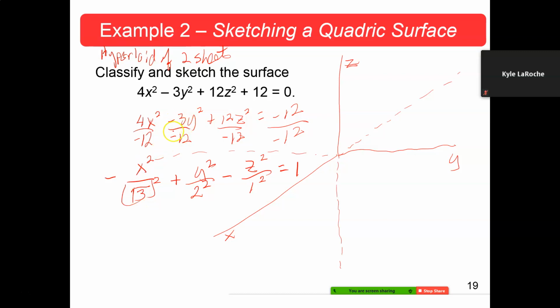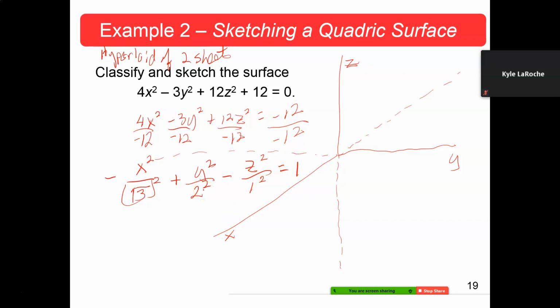Here we have our positive y squared term: minus 3 over minus 12 would be a positive 1 over 4. Well, 4 is a perfect square of 2, so write that as y squared over 2 squared. And this one, 12 over minus 12, would be a minus 1, z squared over 1 squared. That's a little crazy to write it that way, but I do just to emphasize that. And then this negative 12 over minus 12 is 1.